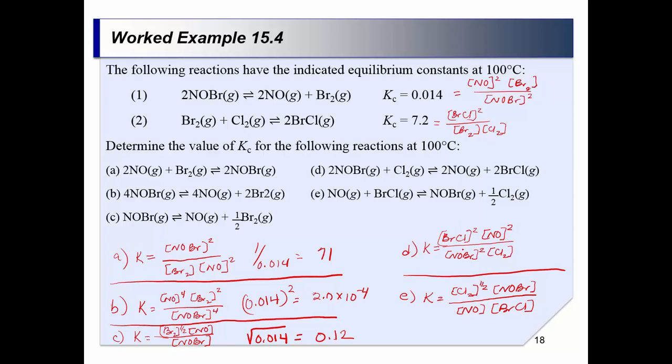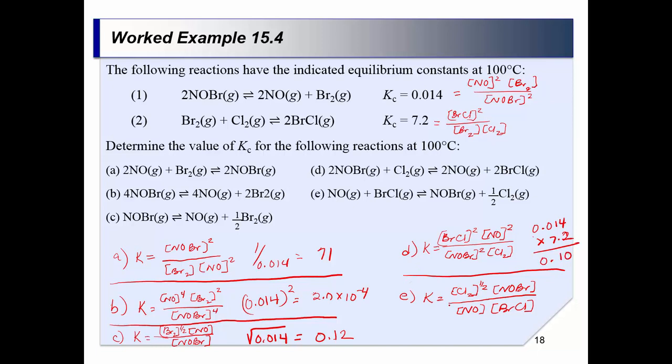So in this case, if we're going to add our reactions together, we actually multiply our numbers together, our Kc's. So it's 0.014 times 7.2. And I get a value of 0.10 for my Kc for D.